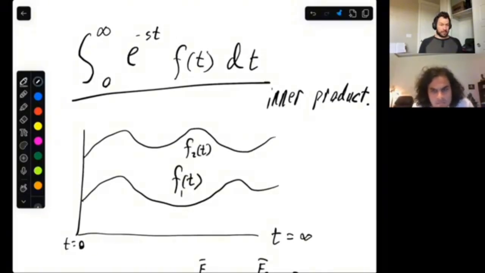Abstract vector spaces are exactly like physical vector spaces. There's two differences. Number one, abstract vector spaces are not necessarily physical. They don't necessarily represent things that actually are out there in reality with three dimensions.